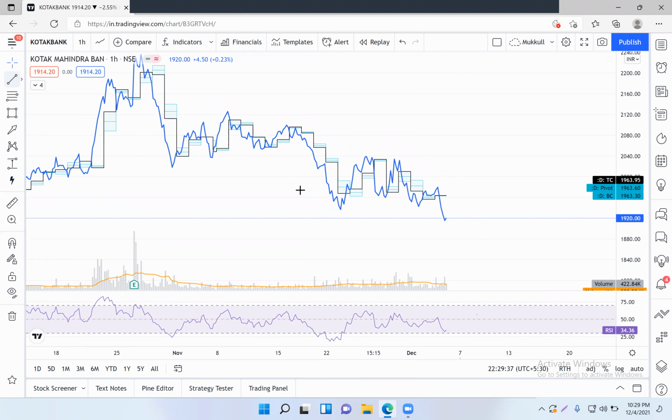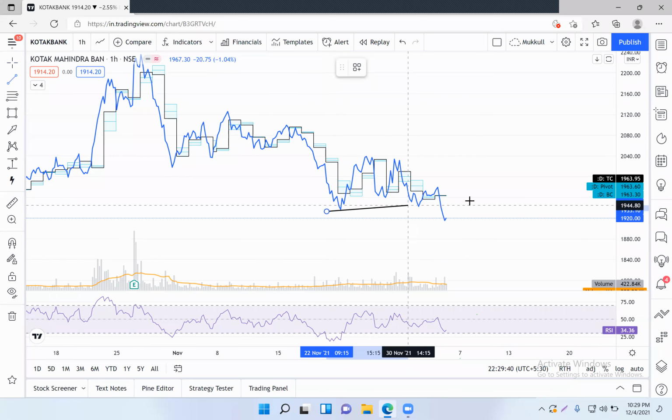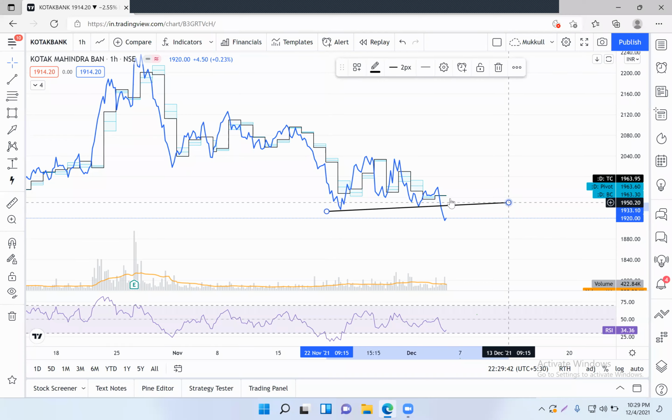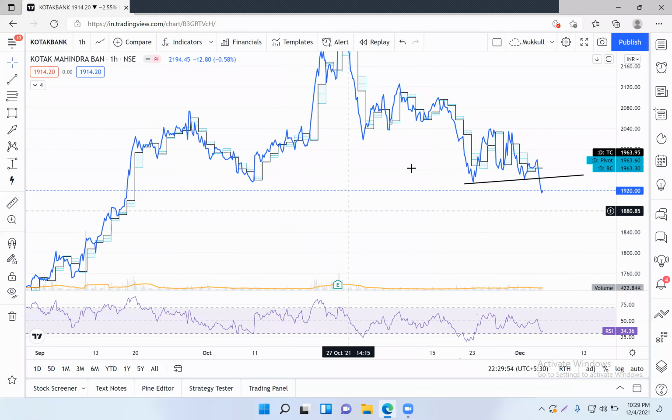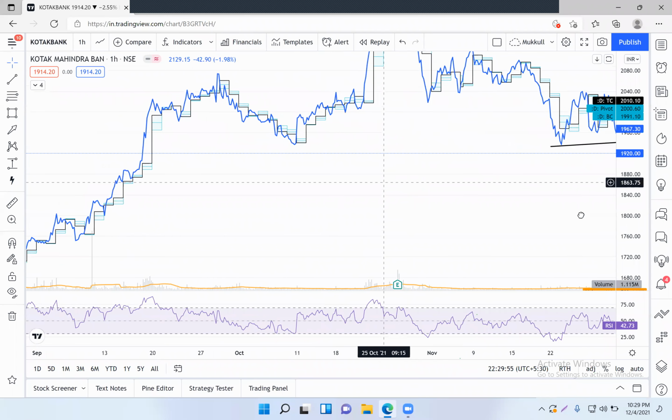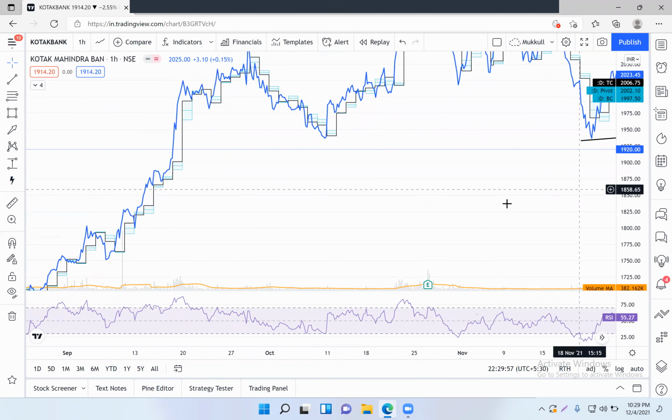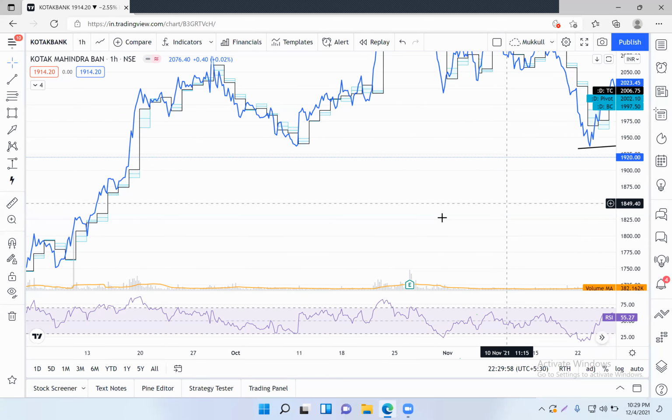Okay, this divergence won't work if I see directly. This can come up till 1940 and then again fall, continue the fall. For that, आप first part देखिएगा, you can watch out for the first part.